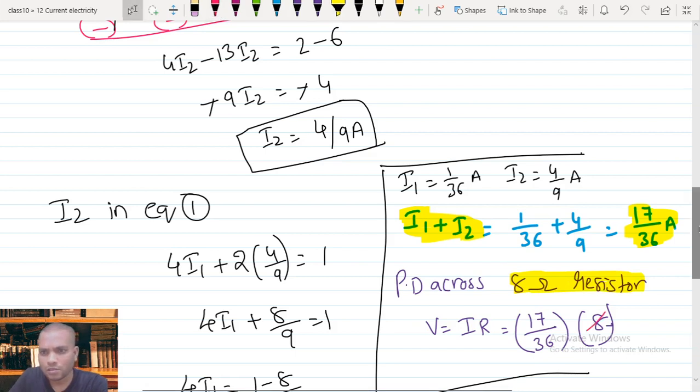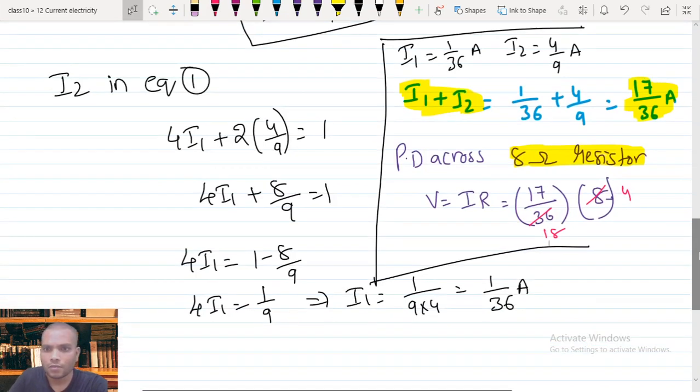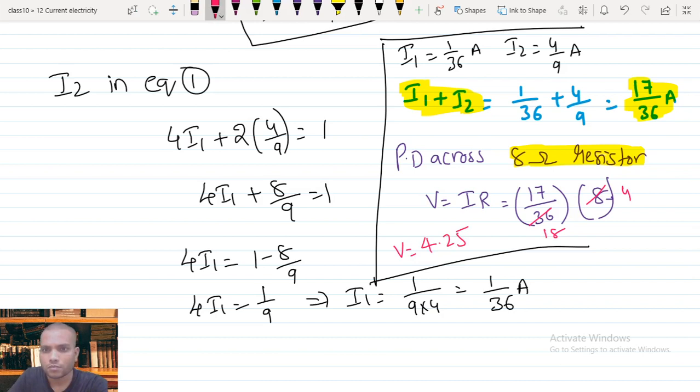Now simplify this: 4 2s are 8 and 18 2s are 36. Further simplifying, we finally end up with V equal to 4.25 volts. So the potential difference across the 8 ohm resistance equals 4.25 volts.